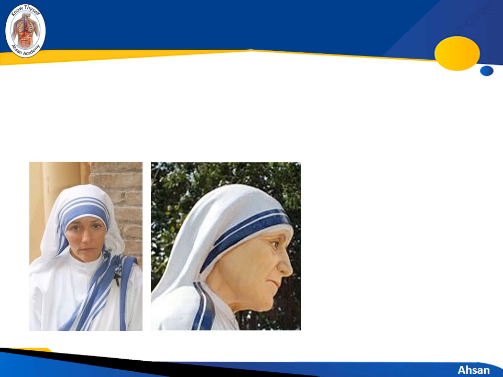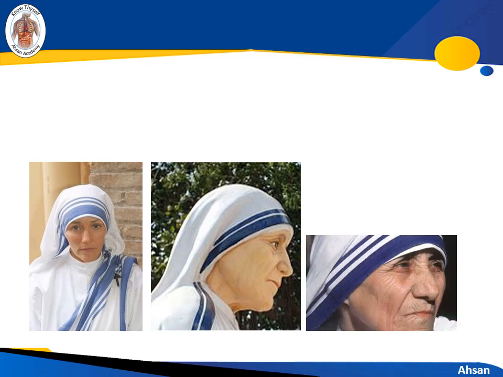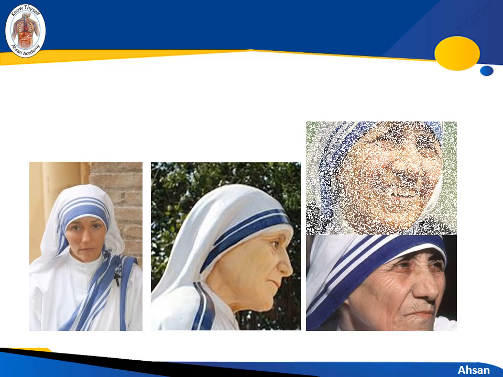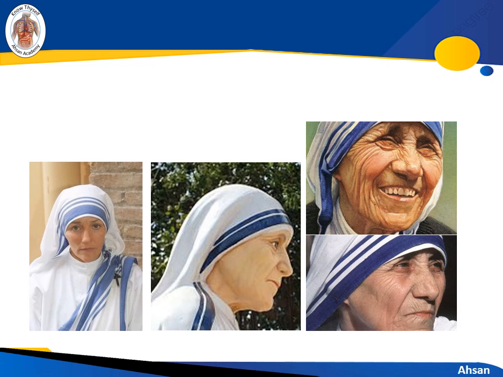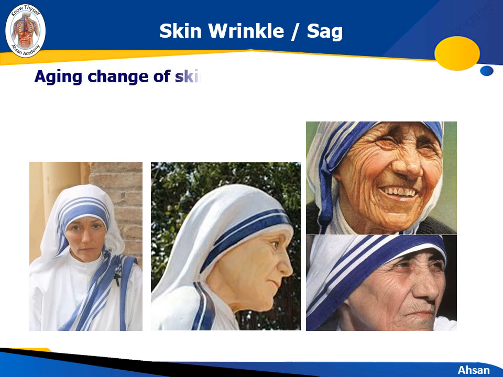You can see, this person, when she was young, the skin of the face was very smooth, but with age you have seen that some changes are happening in the skin. There are wrinkles appearing in the skin, and that increases with age. This is known as sag or wrinkles of the skin.